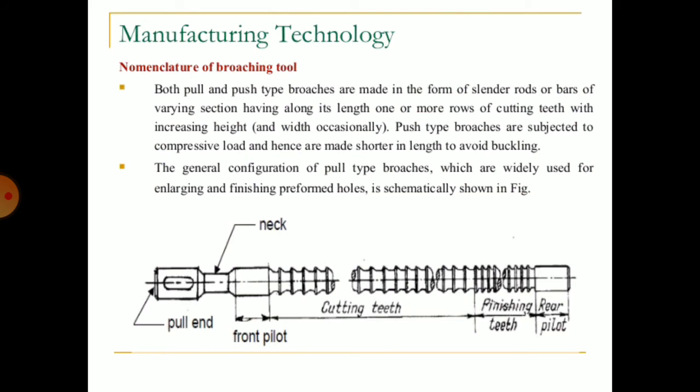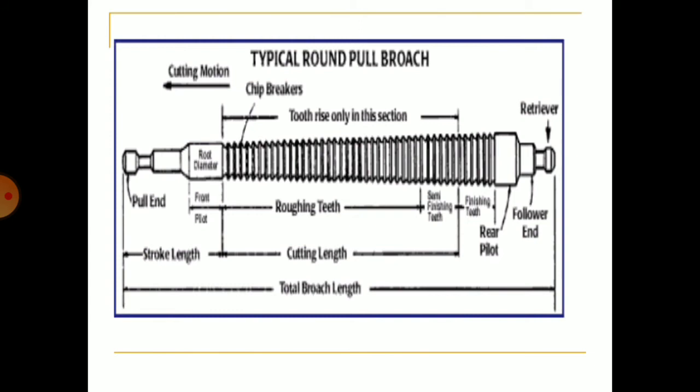This is the diagram for a broach: pull end, neck, front pilot, cutting teeth, finishing teeth and rear pilot. A typical round pull broach is like that, and these are its parts.